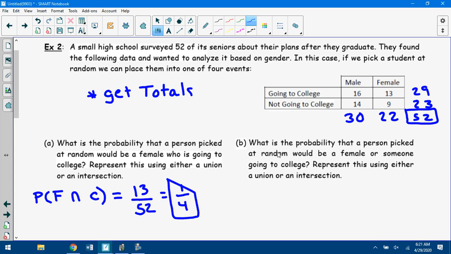What's the probability that a person picked at random would be a female or someone going to college? Or, remember, is a union. So probability of female or college. So I want anyone in the female row, so I want these two. And I want anyone going to college, so I want these two. So I could just do 16 plus 13 plus 9, all those out of 52.